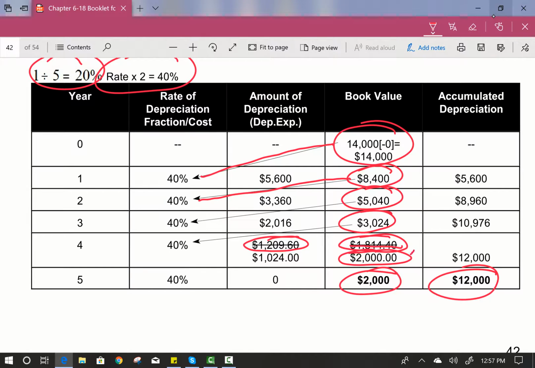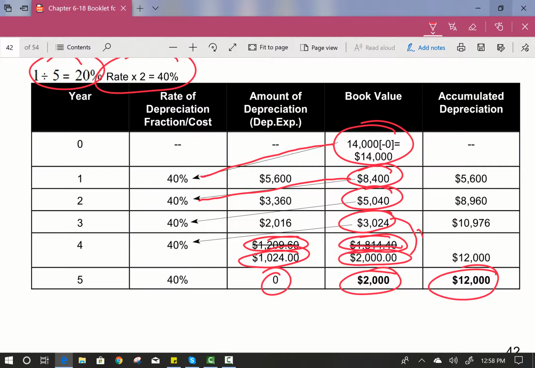And the difference between $2,000 and 3,024 is 1,024. So 1,024 is the depreciation expense that I can use. So now if I subtract 1,024 from 3,024, that gives me $2,000. Then I get nothing for the 5th year, and then my book value stays the residual value of $2,000, and the accumulated depreciation does not go greater than the cost less the residual value.